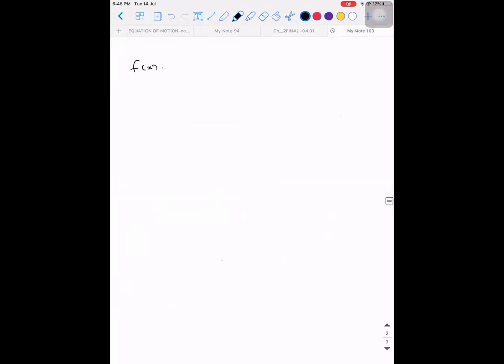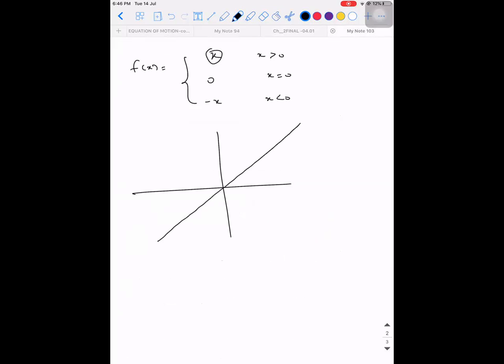See, f of x is equal to x when x is greater than 0, 0 when x is equal to 0, and minus x when x is less than 0. Okay. So f of x is equal to x is a graph like this. You remember this? This is the graph for the identity function. But according to this question, how should I draw?